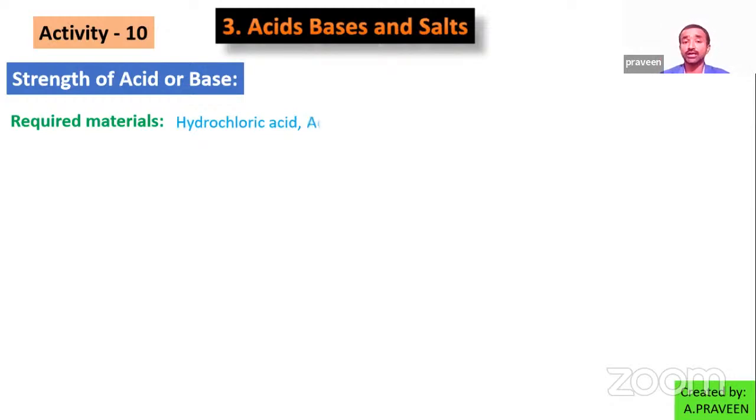One acid is hydrochloric acid and the other is acetic acid. With that, I'm using one base, sodium hydroxide. We will also collect one more base, ammonium hydroxide.